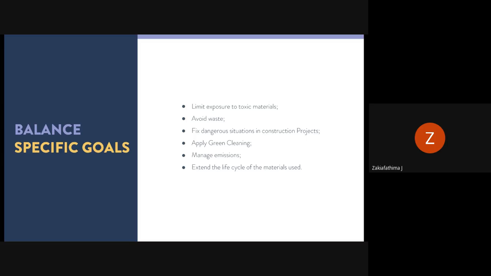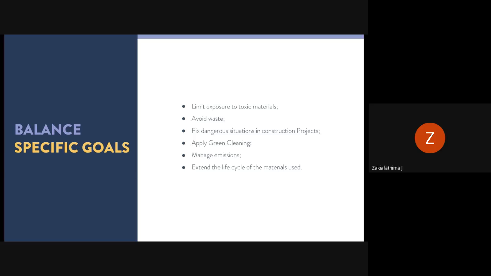But do they actually take a step back to check whether those paints are lead paints? Do they have formaldehydes in them? Unless you check them, you are actually creating a dangerous situation for the people living in there.